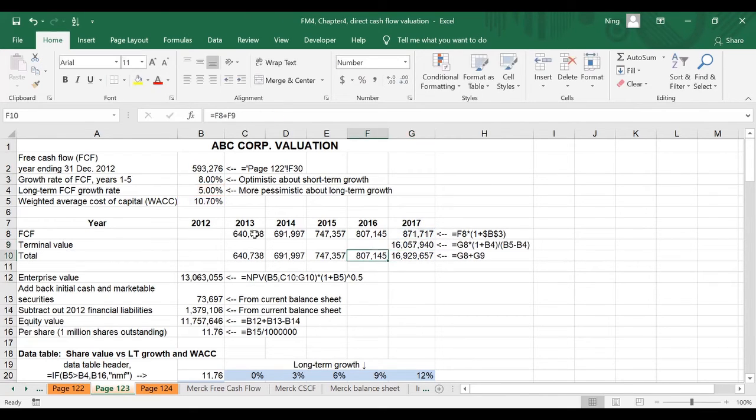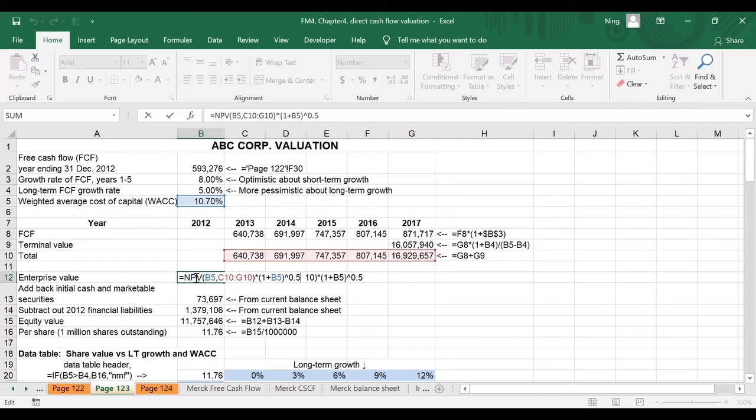Next, you will sum up the total free cash flows from each year of the project's life in order to compute the net benefit of this project by using an NPV formula. The result gives you the enterprise value of this company.